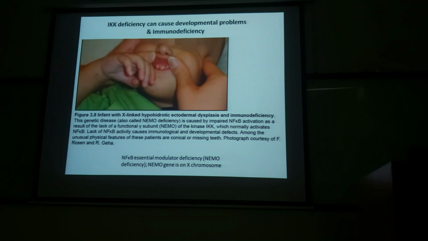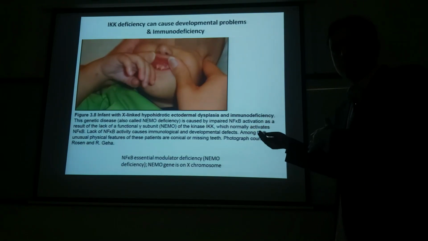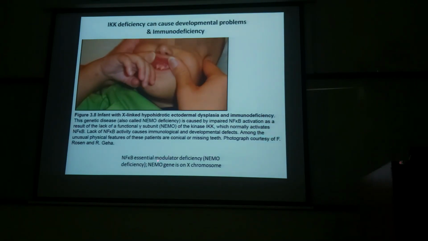So this condition is more common in males as compared to females, because the genes for NEMO are located on X chromosomes. And the reason is very simple. Males have one X, and females have two.